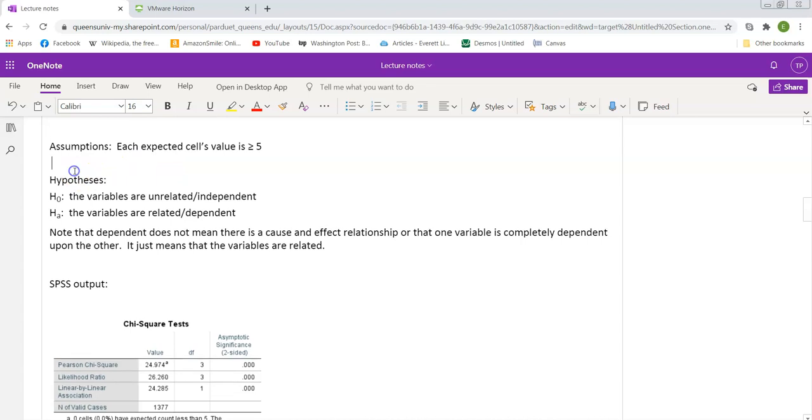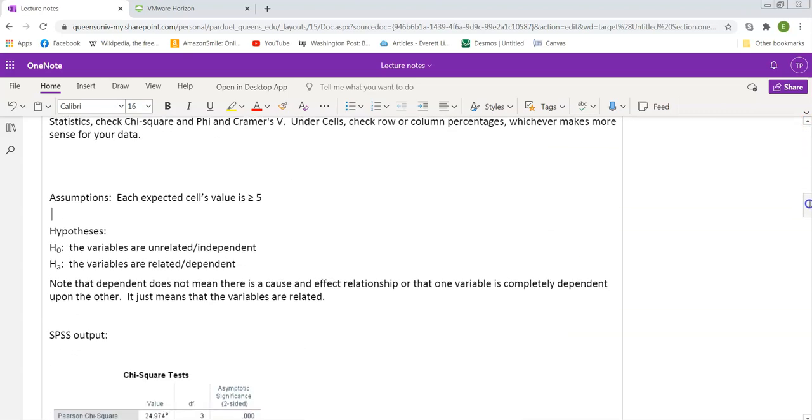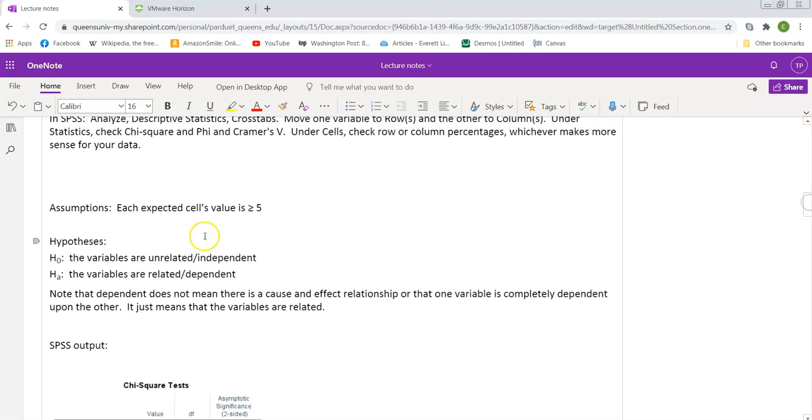So the hypotheses on the chi-square test, we talked before about how it tests whether there's a relationship between two categorical variables. Well, our null hypothesis is that there is not a relationship between these two variables. The alternative hypothesis is that there is a relationship. Okay?